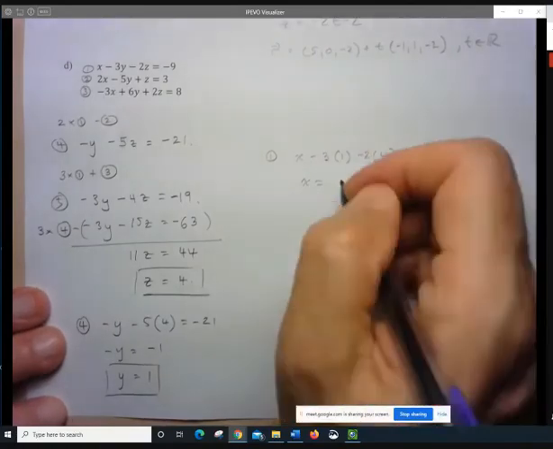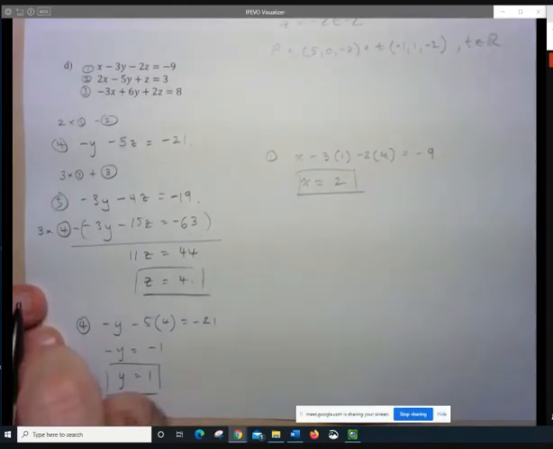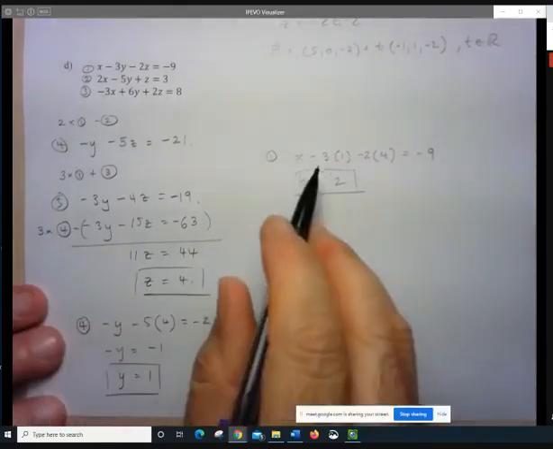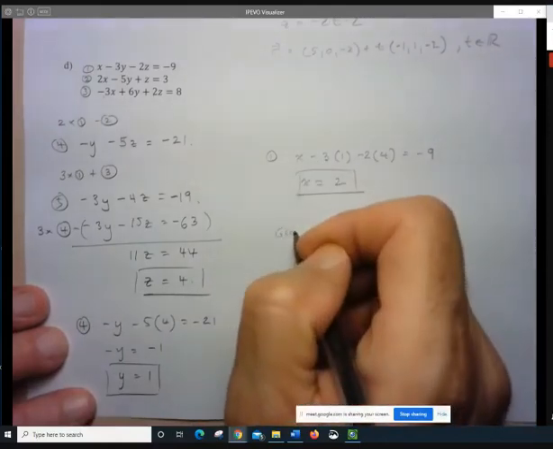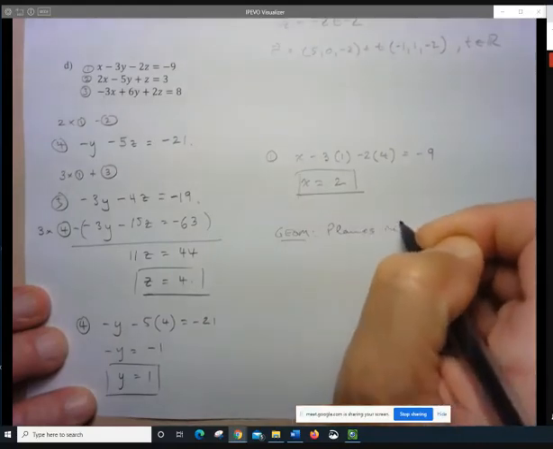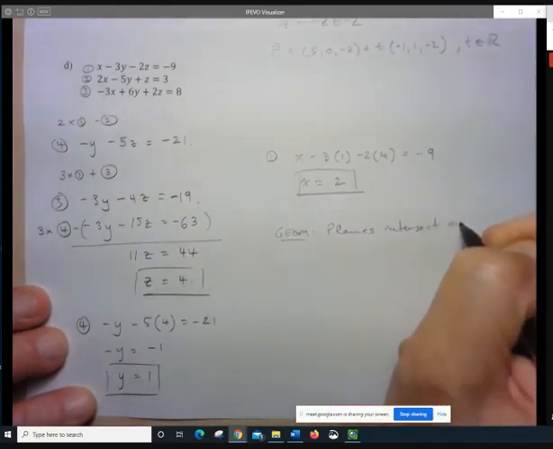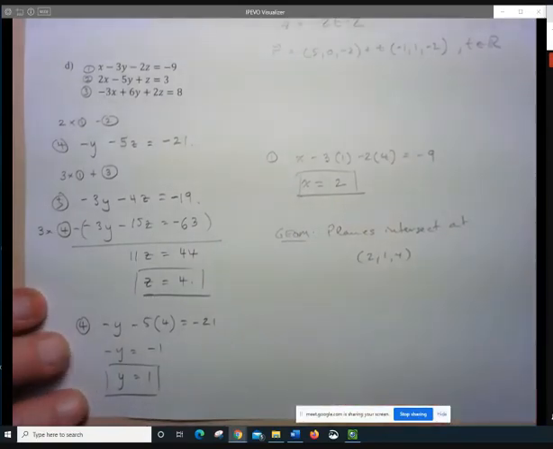So plus 11. So x is equal to 2. Okay. So this is the solution to my system of equations, and the geometric interpretation is that the planes intersect at the point (2, 1, 4). Okay?